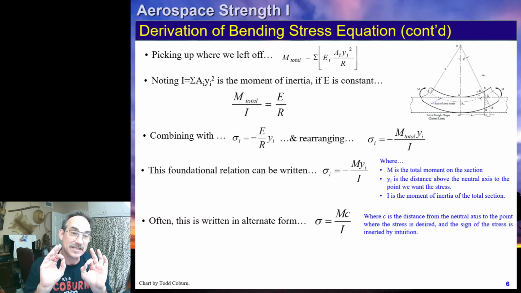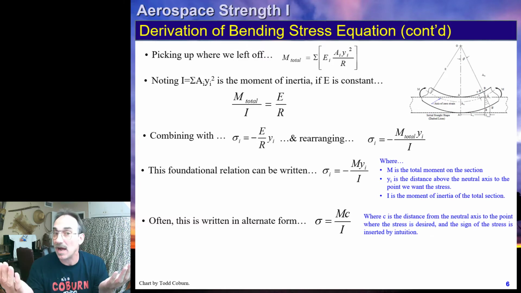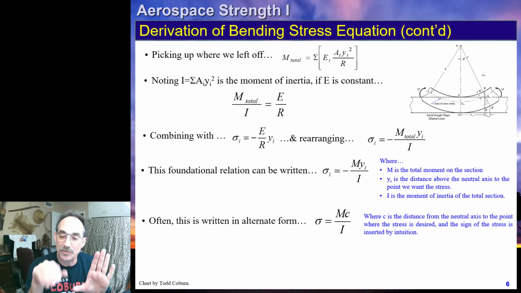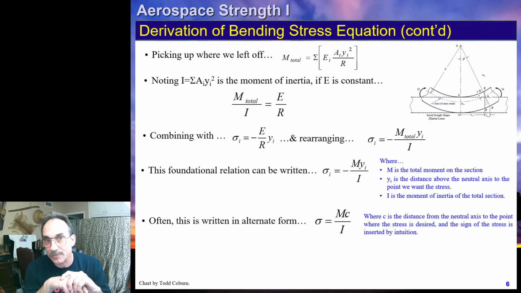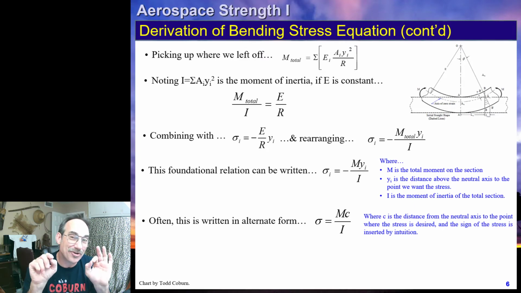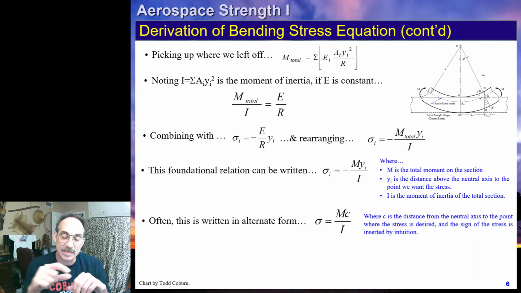So when we say stress is MC over I and we leave off a positive or negative sign, what we're saying is it's the moment divided by the I times the C value, the distance from the neutral axis, and we're going to have to make sure we insert the appropriate sign, and often this is done through intuition. If we're talking a beam that's square and it's 5 inches tall, then C that we're interested in for maximum stresses will be plus and minus 2.5.